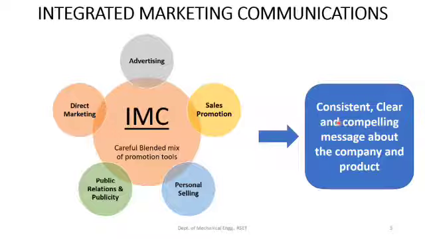So it tries to integrate various communication tools used by the company to ensure consistent, clear and compelling messages about the product and the company, and also to develop a brand identity for themselves.